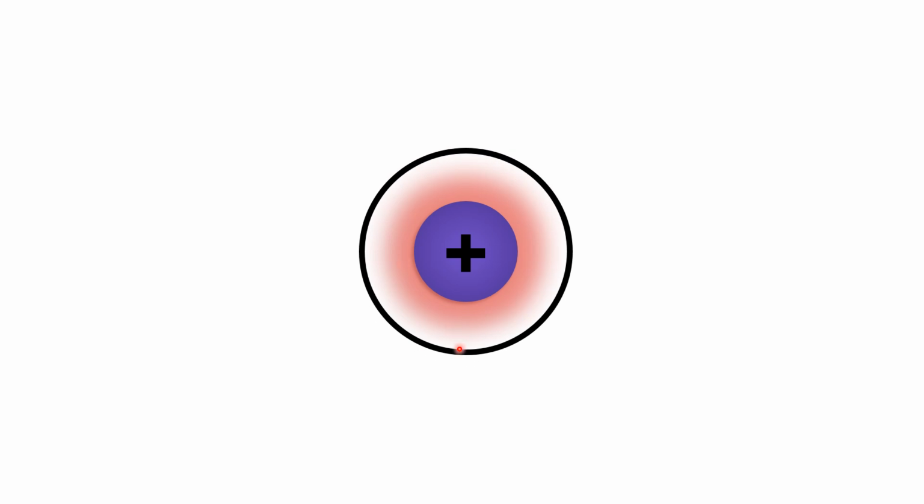An atom consists of electrons, and electrons are present in energy levels around the nucleus. The first energy level around the nucleus is known as the K shell. The K shell consists of a maximum of 2 electrons.